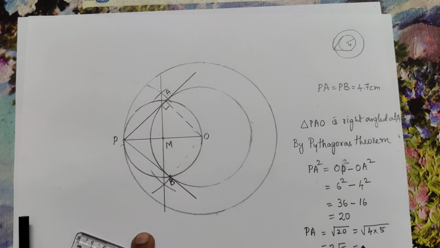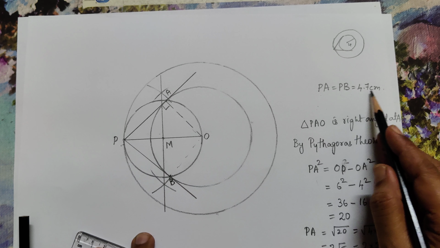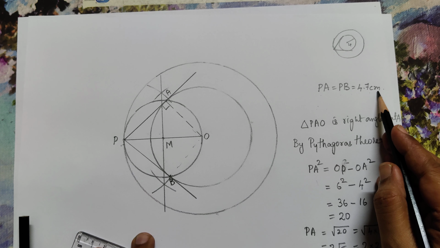And then 2 into root 5 is 2.236. So when you multiply you will get 4.472 centimeter. And what you have got here is 4.7 centimeter.